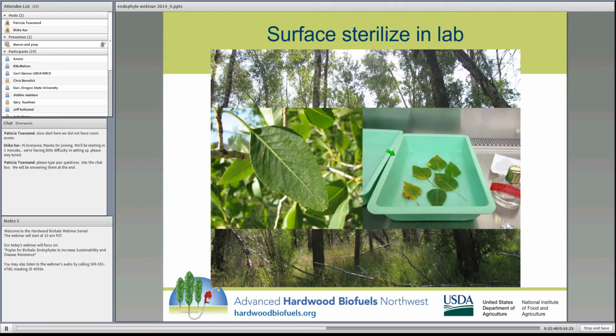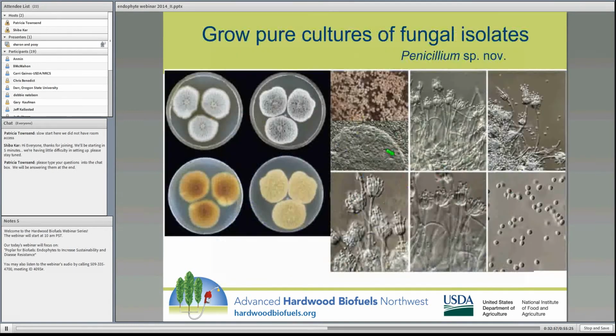And then we take those leaves and we grow the endophytes out of them. So essentially, we put them in culture, and we wait for endophytes to grow out of the leaves, and then we can isolate individual endophytes and grow them in pure cultures on medium shown here. And then we can look at them microscopically to determine the identity of those individual endophytes.